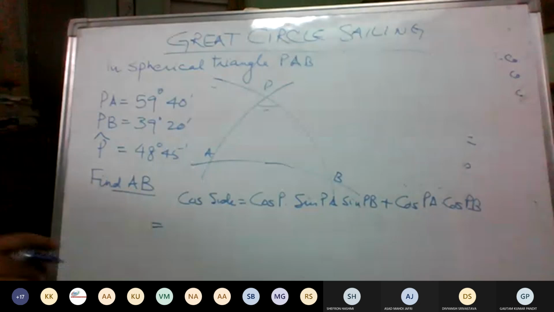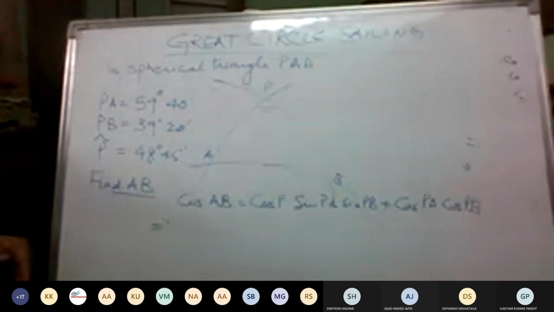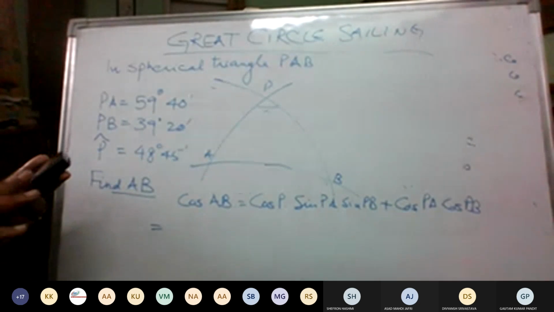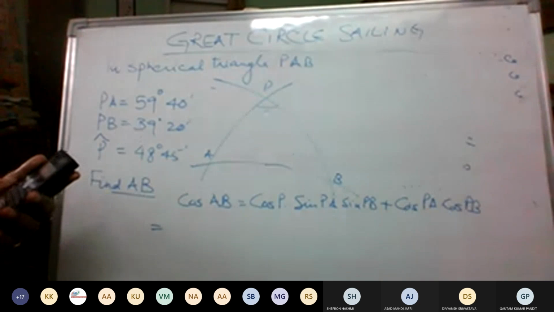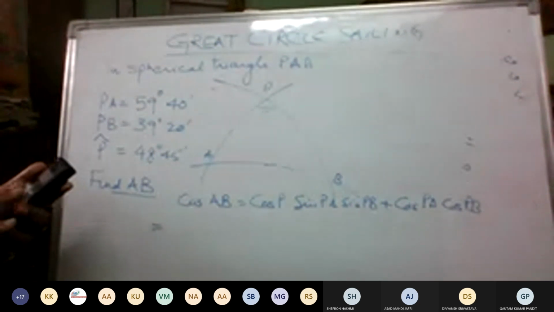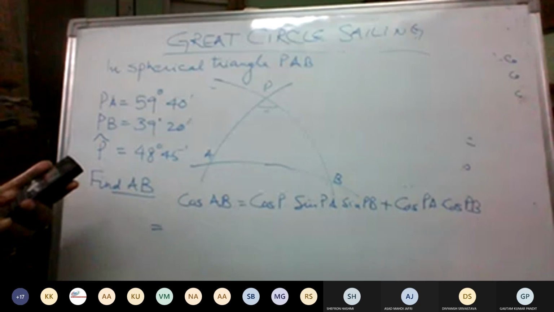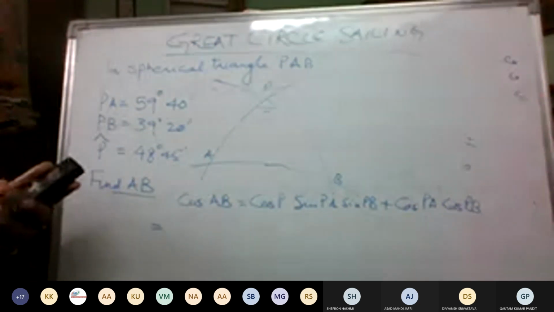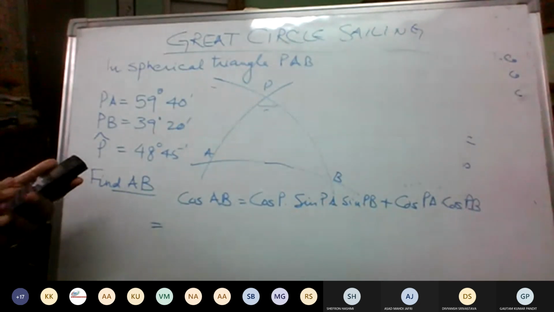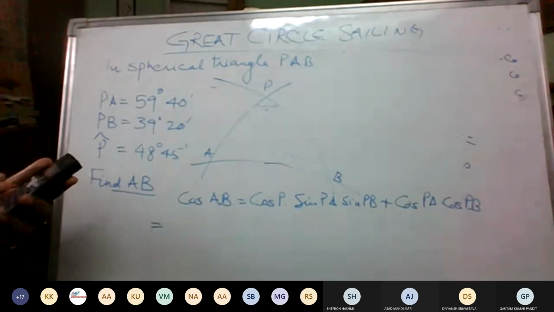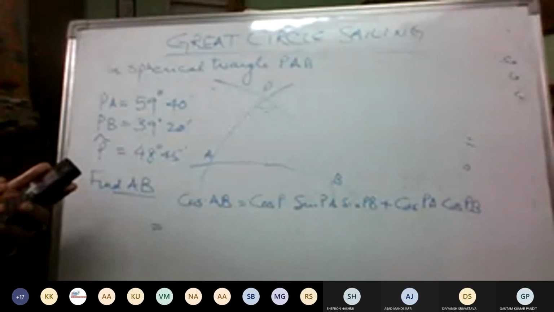Okay. Calculate cos of P, cos of AB. This is it, right? Put the values. Cos of P is 48 degrees 45 minutes, into sine of PA, sine of PB, 40 minutes into sine of 39 degrees 20 minutes plus cosine of 39 degrees 40 minutes into cosine of 39 degrees 20 minutes.